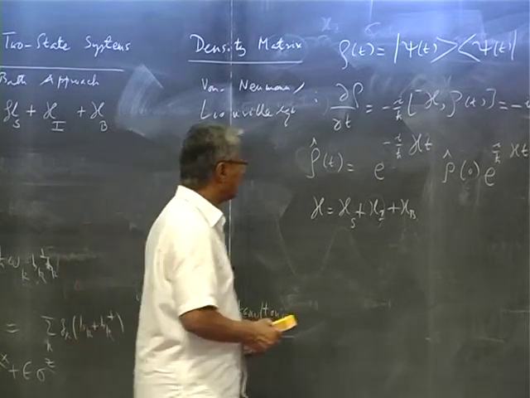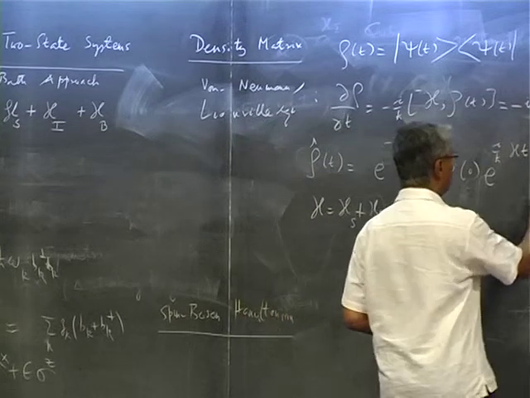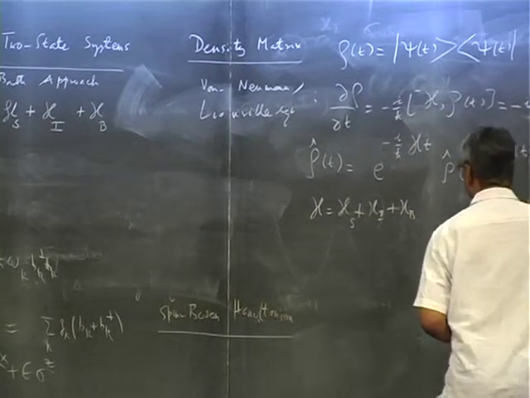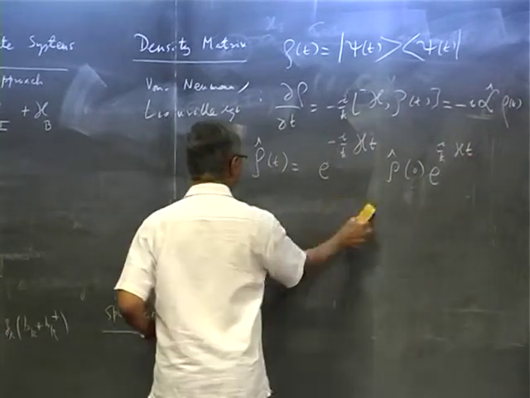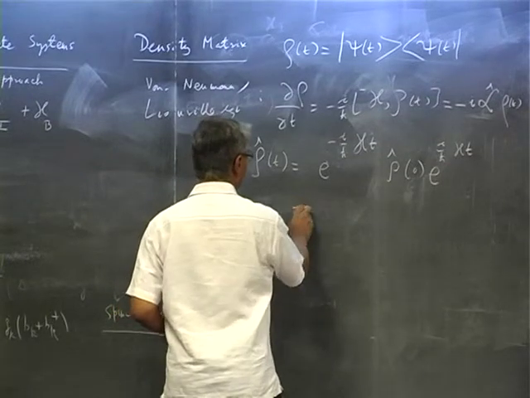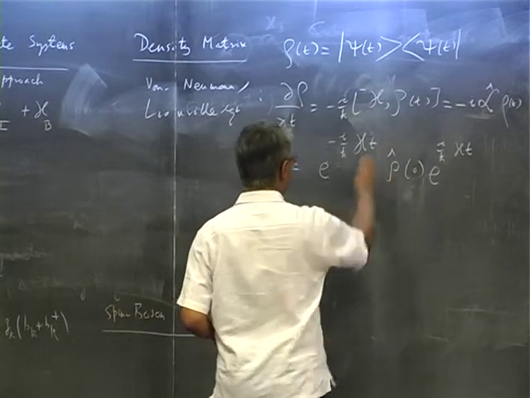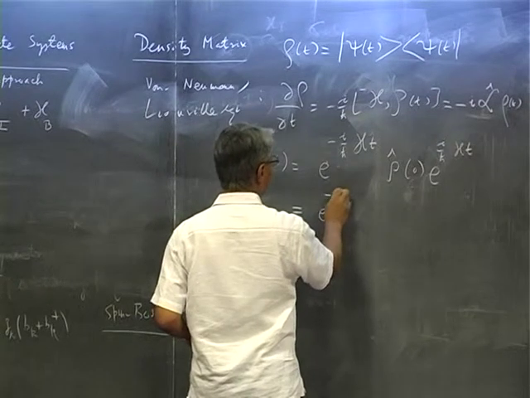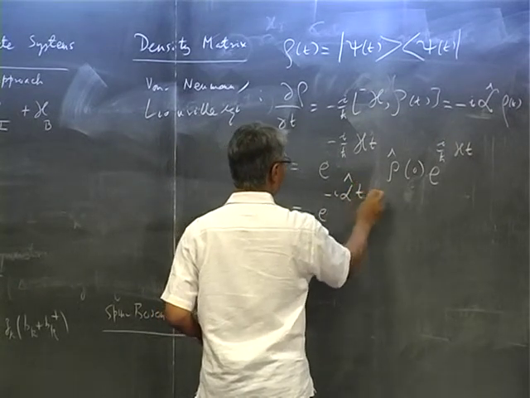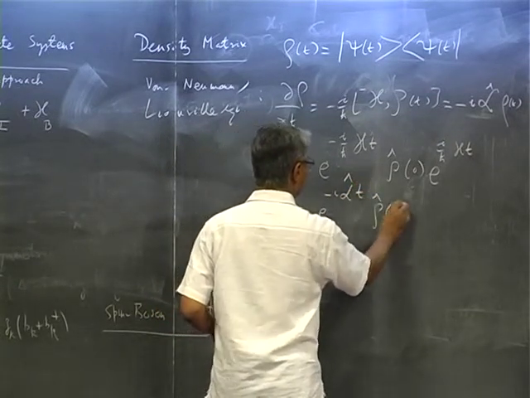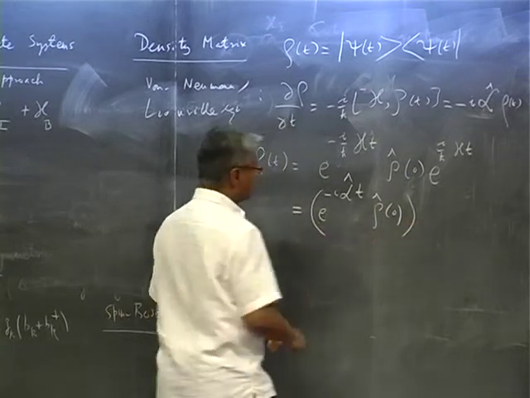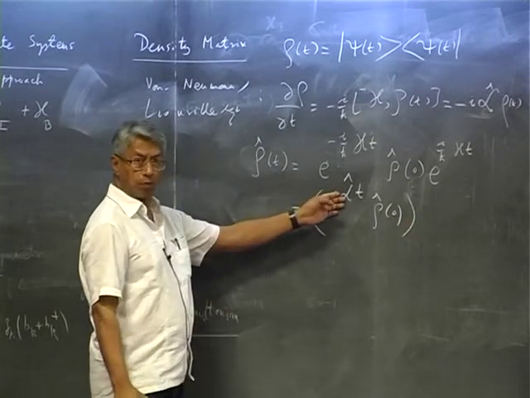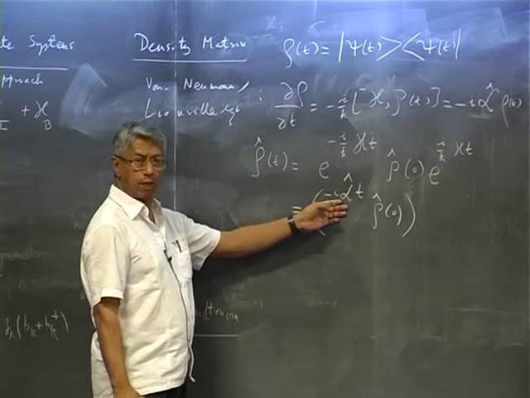And you can see why it makes your life now very simple when you try to do Laplace transforms, because using this commutator relationship, I have this relation, right? Because I can formally expand e to the minus iLt.